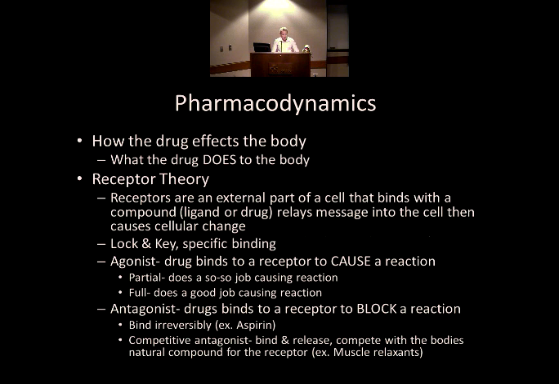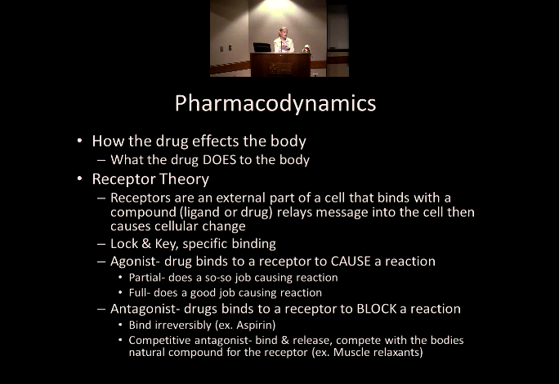So receptor theory, I kind of think of it like a lock and a key. The receptor is on a cell. The drug is your key. It's going to bind to the lock, and then you'll get cellular activity. The receptors are the external part of the cell, and then there's the drug or the ligand.